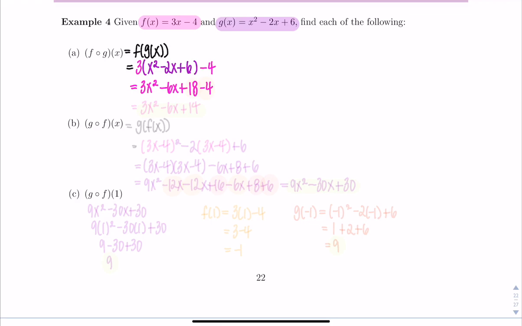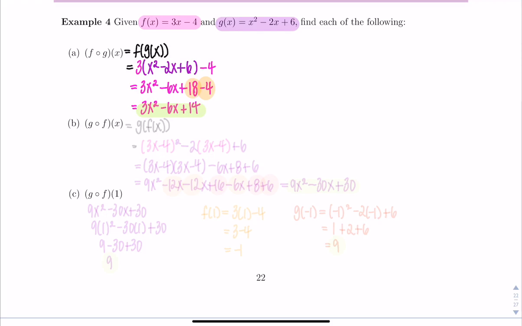And so what we have in common is a positive 18 and a negative 4. And so what I get is 3x squared minus 6x plus 14. Go ahead and pause the video and try the second one for yourself.